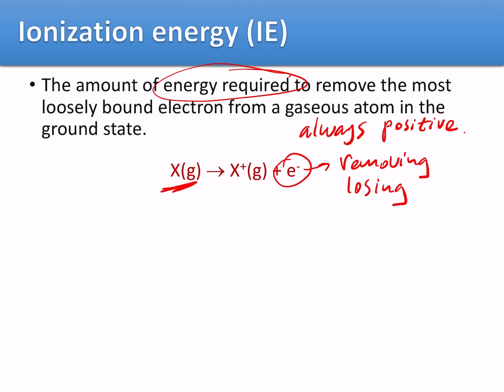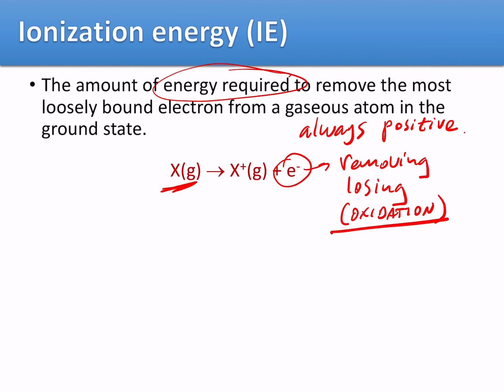If you remember a little bit from last semester, this represents sort of an oxidation. You are removing an electron. That's the important thing. You are doing this reaction in the gas phase, so it's not your normal oxidation. You are required to have the atom in the gas phase.